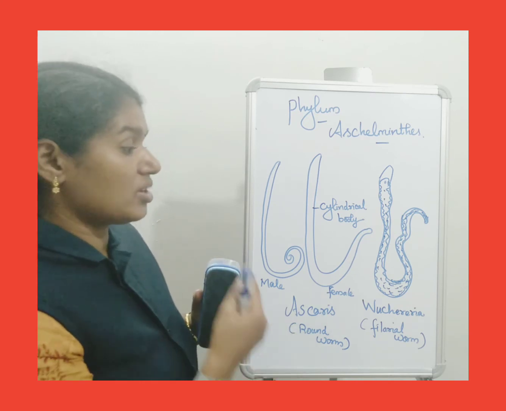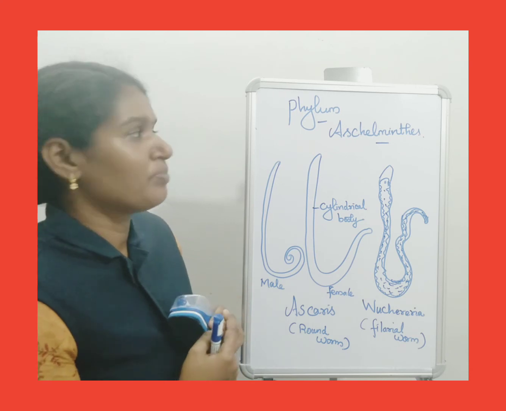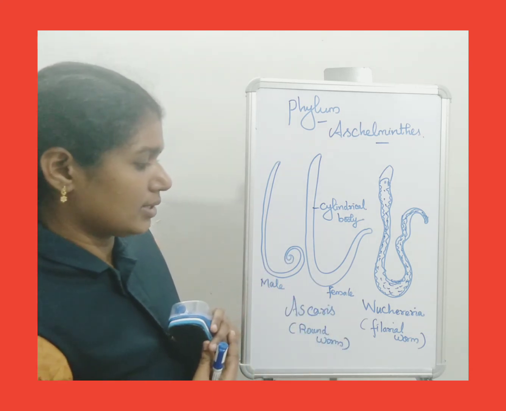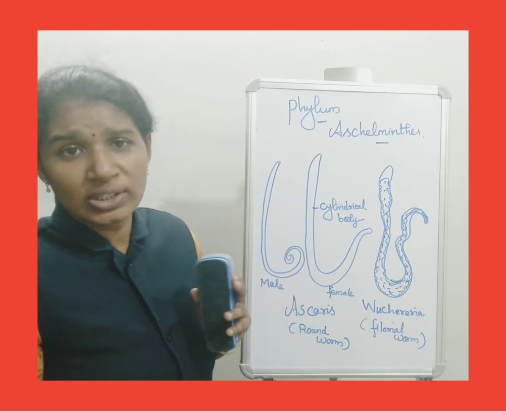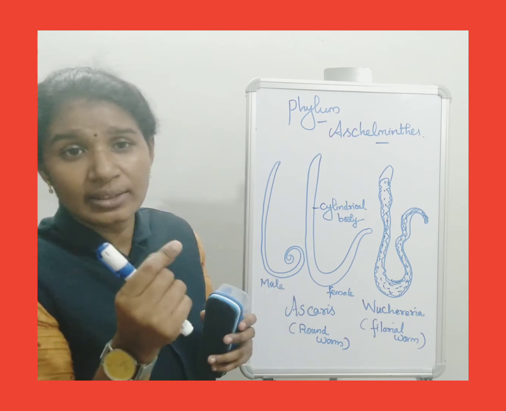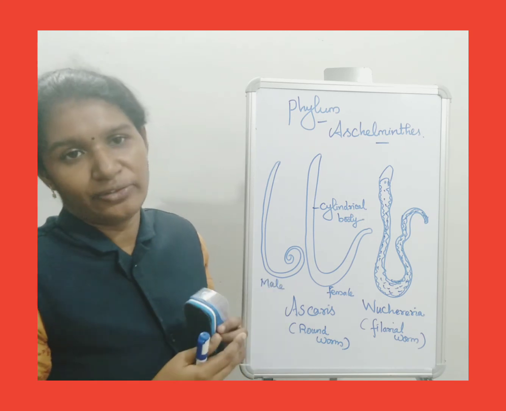So fertilization is internal, inside the parent body. So this comes under phylum Aschelminthes. These are the major features of Aschelminthes. And the size differs, from a millimeter to a centimeter.